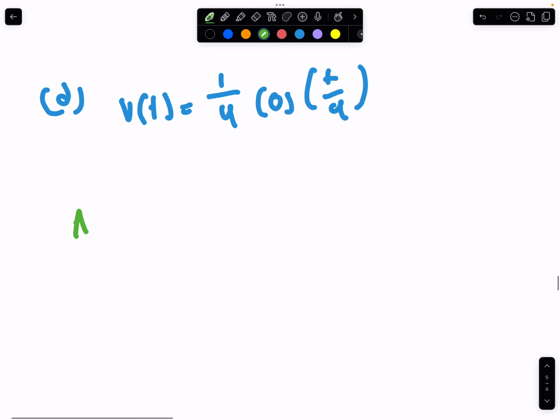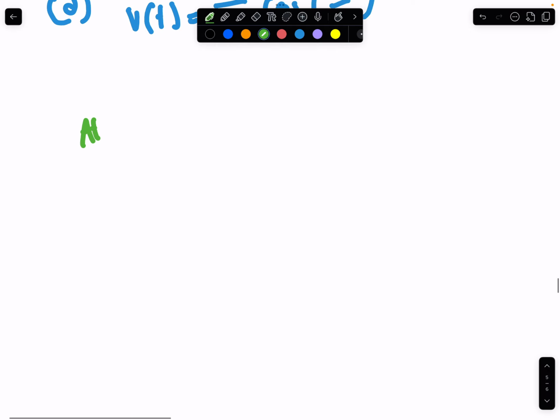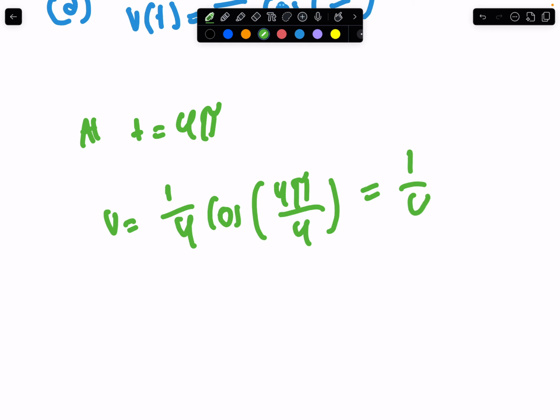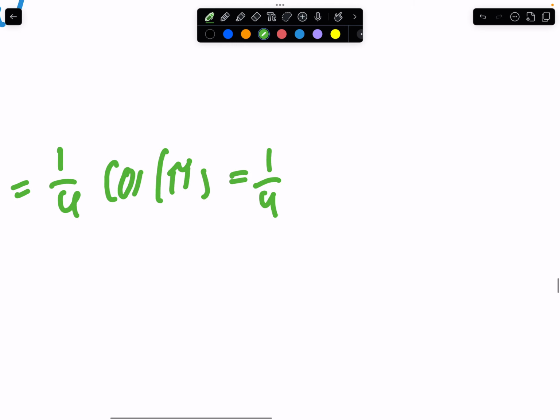At t equal to 4 pi, V is equal to 1 over 4 cos(4 pi over 4), which equals 1 over 4 cos pi, equals 1 over 4 times negative 1, which equals negative 1 over 4.